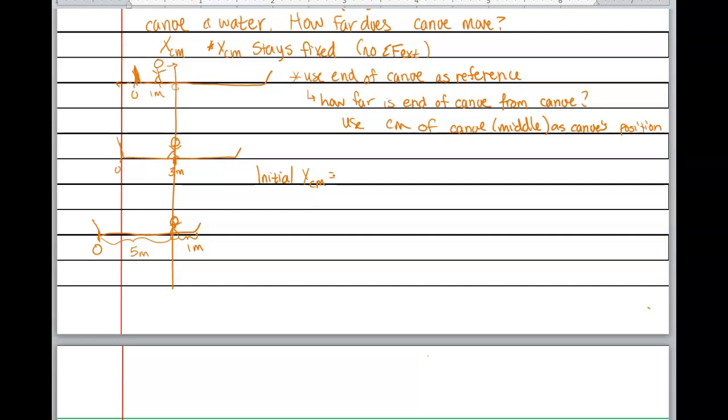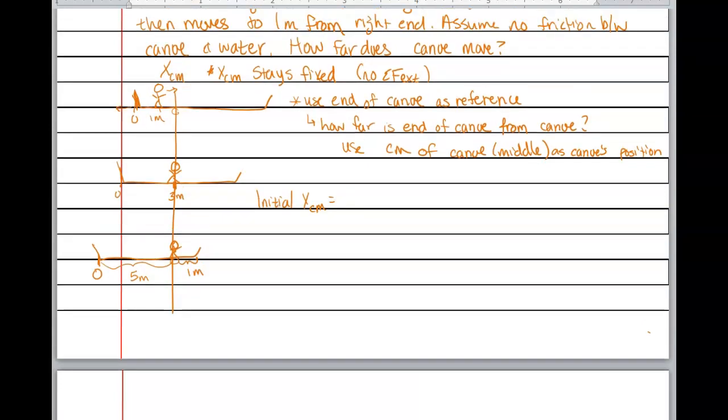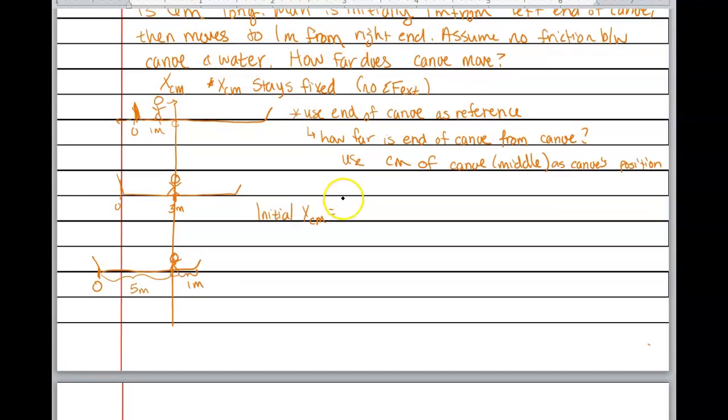So our initial center of mass, we have the 100 kilogram person who is 1 meter from our reference point, which we're calling the left end of the canoe. We have the 30 kilogram canoe, which the center of the canoe, okay, because that's what we're using as the canoe's position.